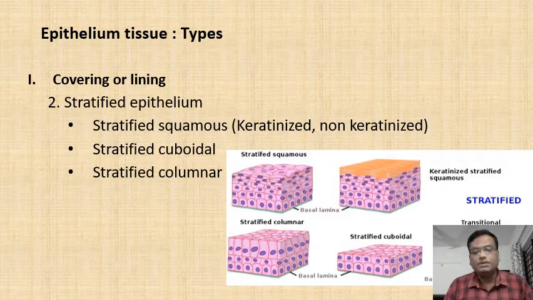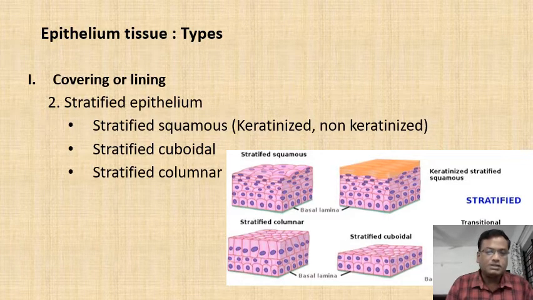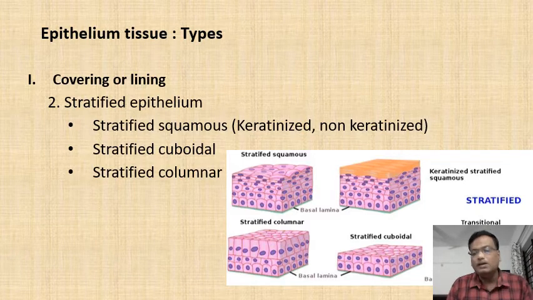Epithelial tissue which is made up of a multi-layered structure, that is, multi-layered cells, is called stratified epithelium. In simple epithelium we find only one layer of epithelial cells, and in stratified epithelium we find many layers of epithelial cells. This is again subdivided into stratified squamous, stratified cuboidal, and stratified columnar.